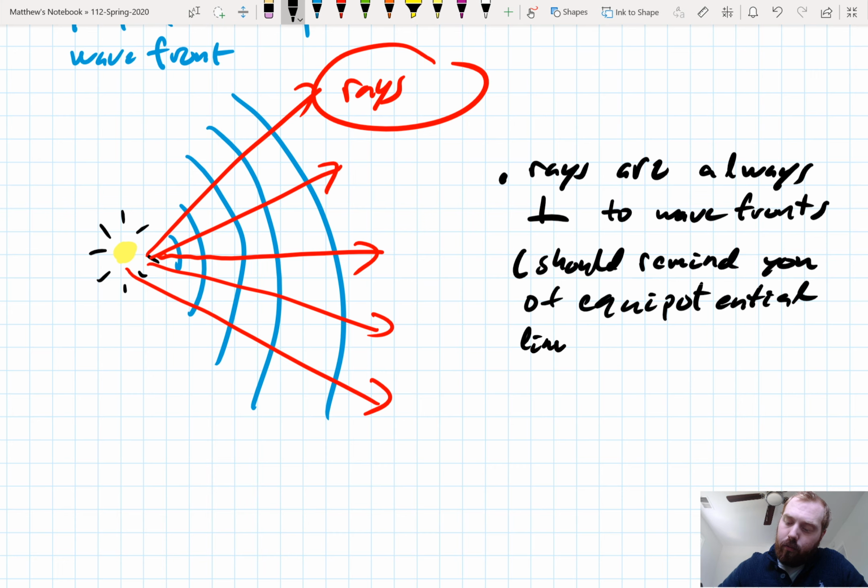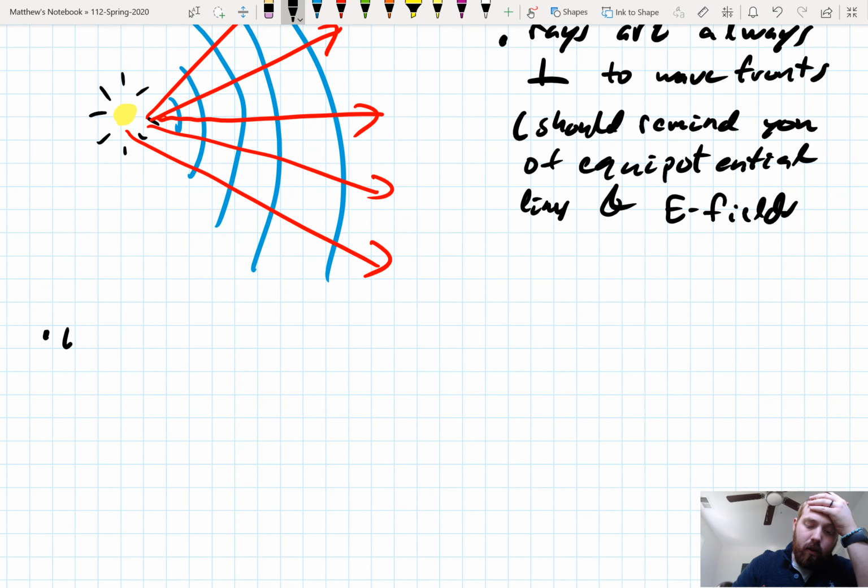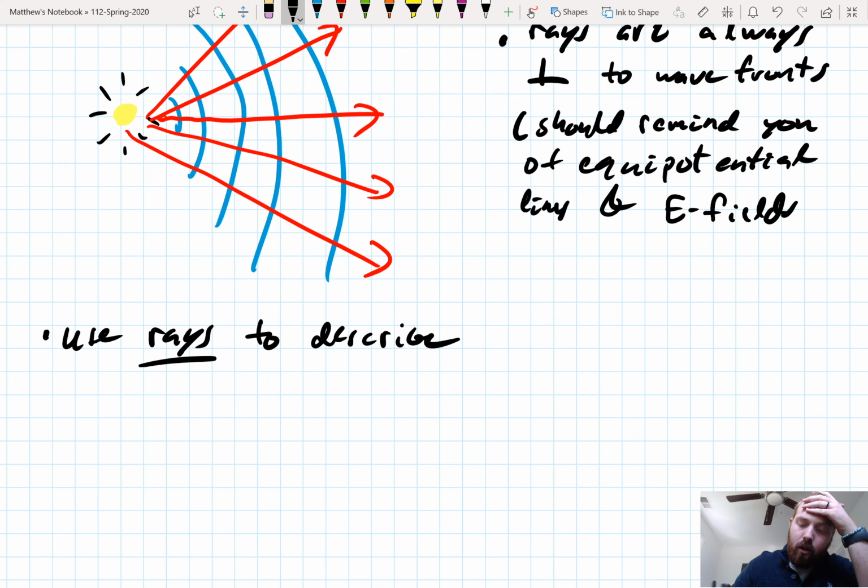Equipotential lines and the electric fields going orthogonally through them. So what we're going to do is use rays now to describe a specific set of problems called geometric optics.